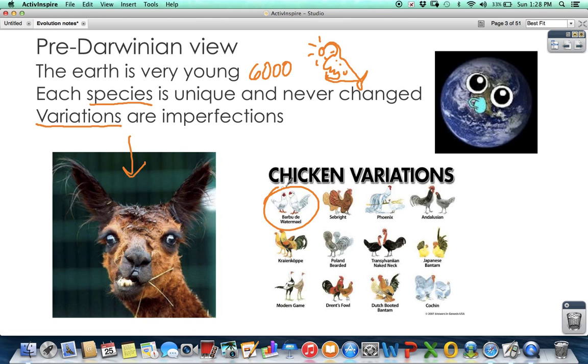We're used to plain old regular chickens, but there are all sorts of different kinds with long feathers, big foofy heads, and funky feet. They thought that wasn't a change, but actually just an imperfection. It wasn't something that benefited them, like we believe now, but just something that happened by accident.